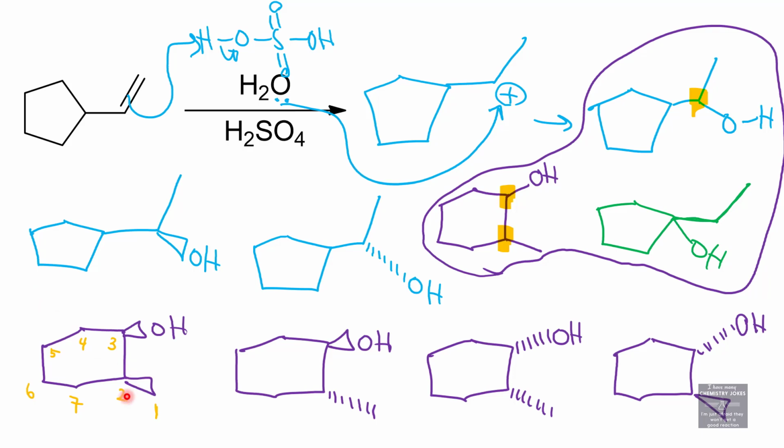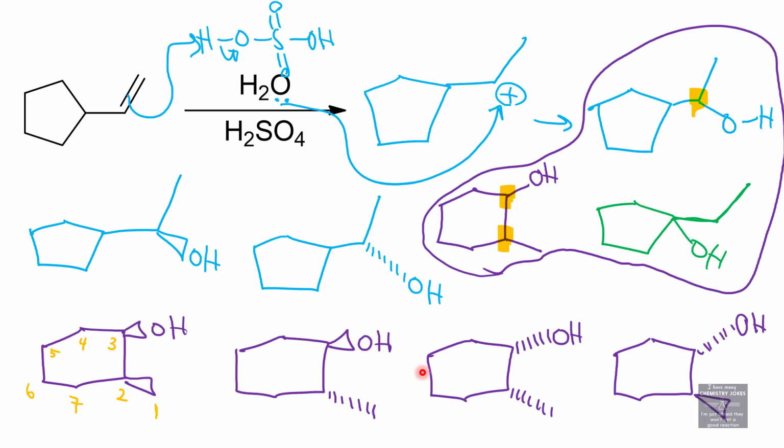Okay? Is there anywhere in your mechanism that carbon 2 was a carbocation? Yes, carbon 2 is actually that carbon right there, that carbon that was the original carbocation. So carbon 2 used to be a carbocation, carbon 2 should also be racemized.